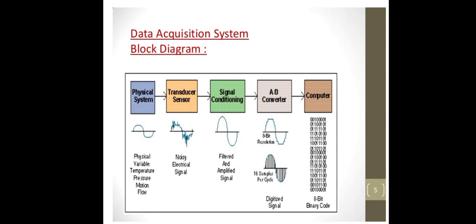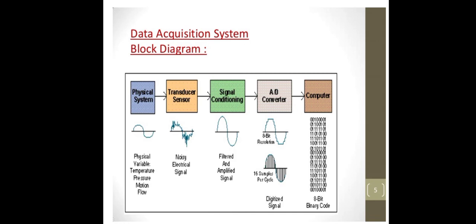Then the next block is the transducer sensor, where noise is added. Then signal conditioning: we filter these signals by using amplifier circuits. Then the pure signal is here.